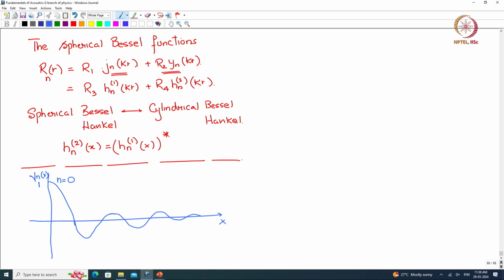If we plot n equal to 2, then it is much slower. If you look at n equal to 4, it is even slower. By slower, I mean oscillations happen over longer scales of x.